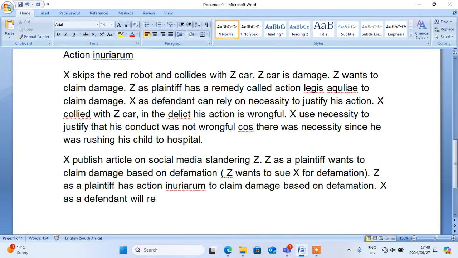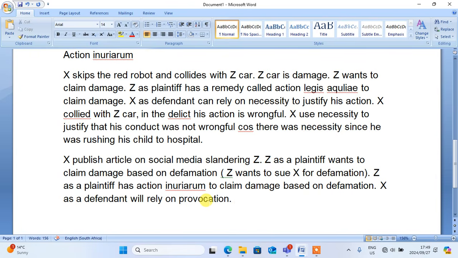will rely on provocation if there was a provocation. Remember, provocation is a ground of justification. He will rely on provocation, saying that he was provoked, so his action can be justified. Because his action is wrongful, he will rely on provocation to say that, yes, I published that article, but I was provoked by this guy.